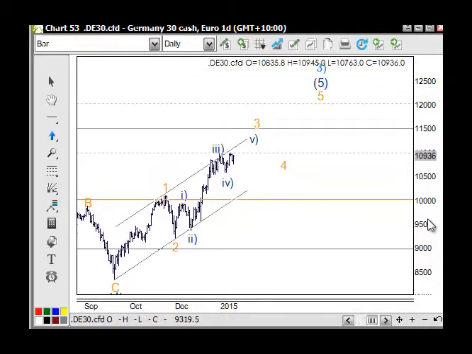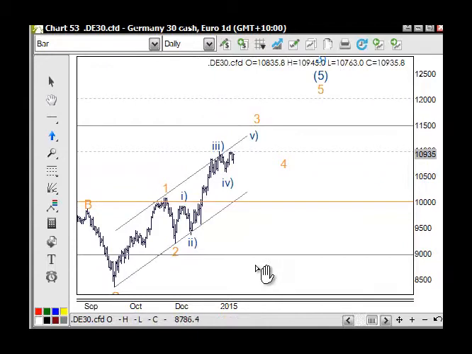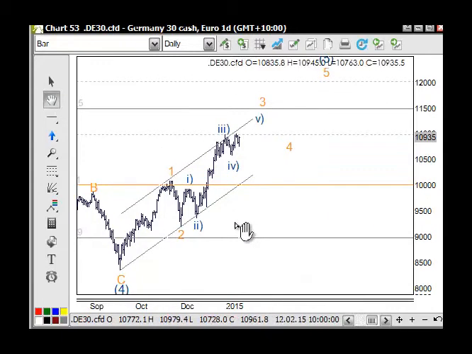So there's a lot of legs in this market still to the upside, so a good 2015 in that regard. But look, working from wave 2 here up to wave 3 here, we're looking for 5 waves, 1, 2, 3, 4 and 5.